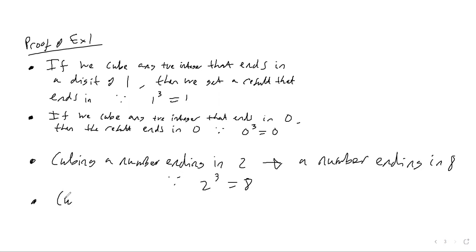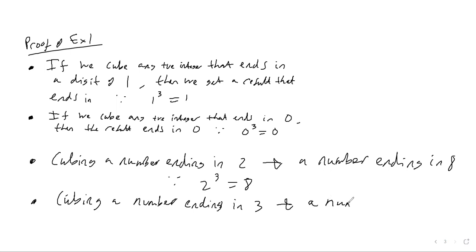Then the next example, cubing a number that ends in 3. That's going to give us a number ending in 7 this time.